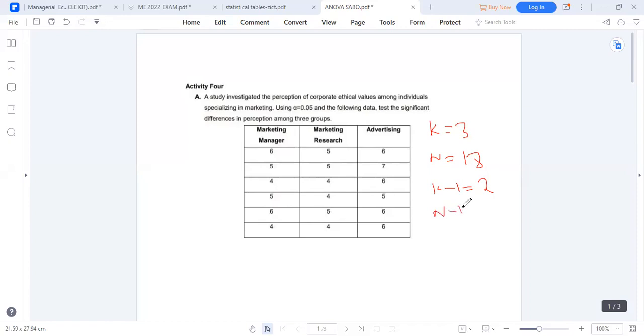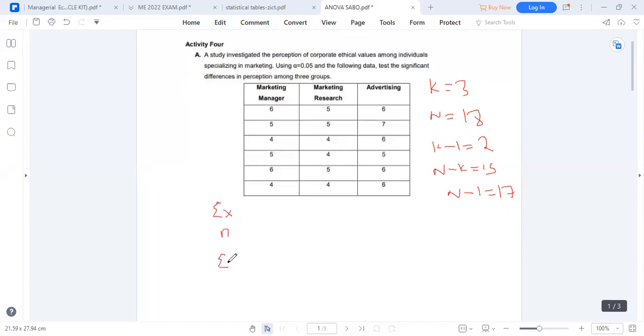Okay. N minus K is what? 15. And N minus 1 is what? 17. Okay, so let's total up here.